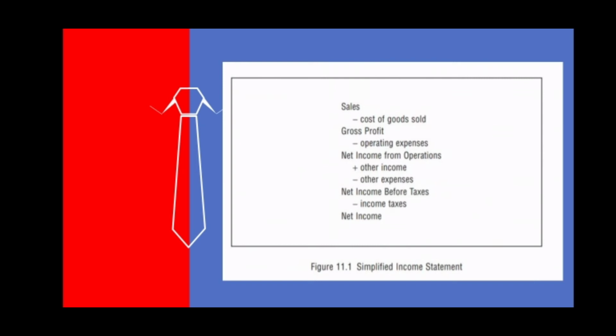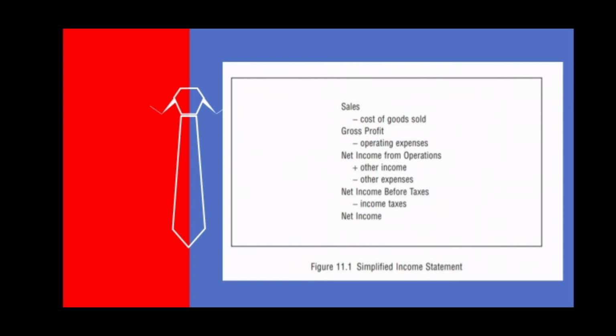Next is net income before taxes. Profit before tax is used to identify how much tax a company owes. Profit before tax can also be a profitability measure that provides for greater comparability among companies that pay a varying amount of taxes. Last is net income.